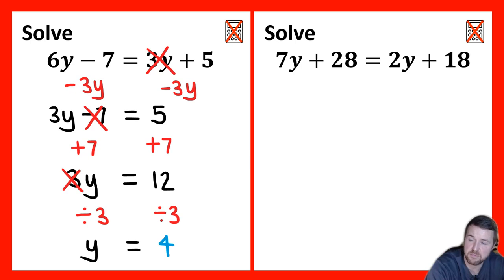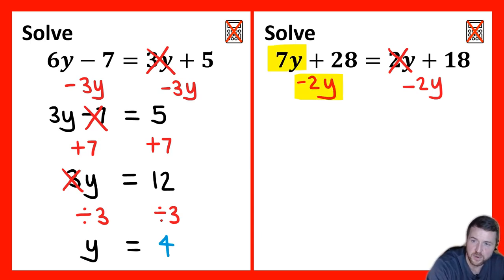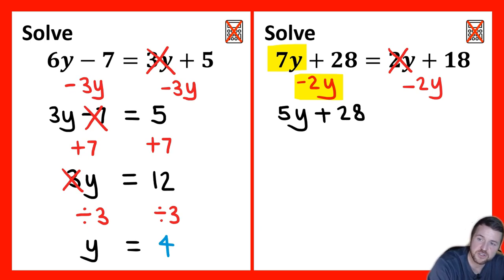Again, I can start by isolating and moving the variables to the same side, which I'll do by applying the inverse and subtracting 2y from the right-hand side, which also means subtracting 2y from the left-hand side. 7y take away 2y is 5y, and rewriting the rest of the equation will give me 5y plus 28 is equal to 18.